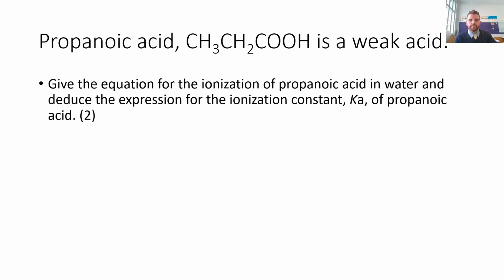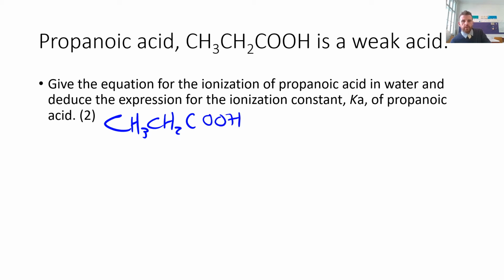Propanoic acid, CH3CH2COOH, is a weak acid. Give the equation for the ionization of propanoic acid in water and deduce the expression for the ionization constant Ka of propanoic acid. So whenever you do these, you can do it one of two ways.